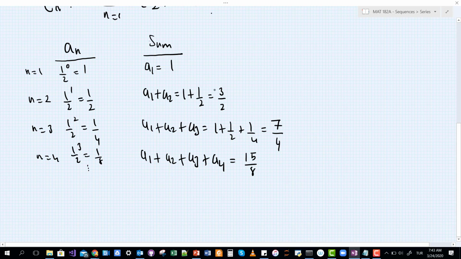As far as I see, there is no pattern in the sum. But I can use another magical algebraic tool. So I can write the first sum in this way, 2 minus 1. If you look at the second sum, I can write this one in this way, you see, guys.